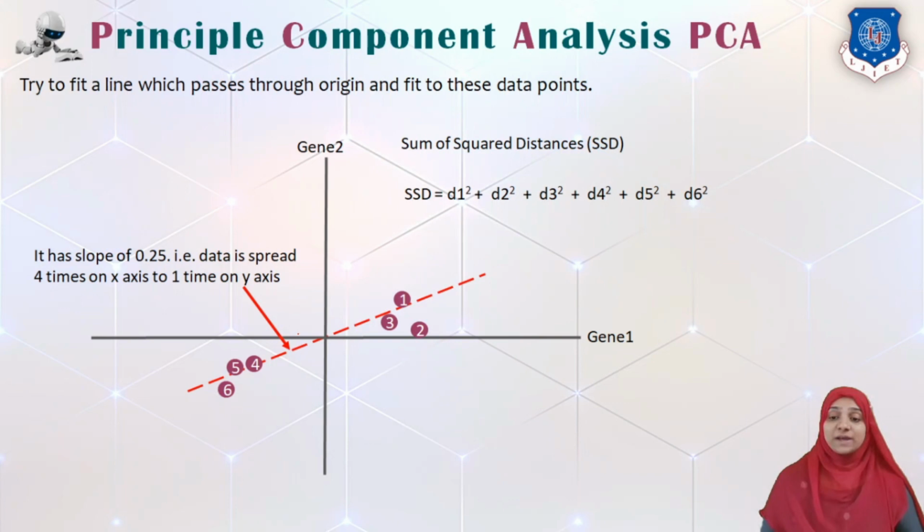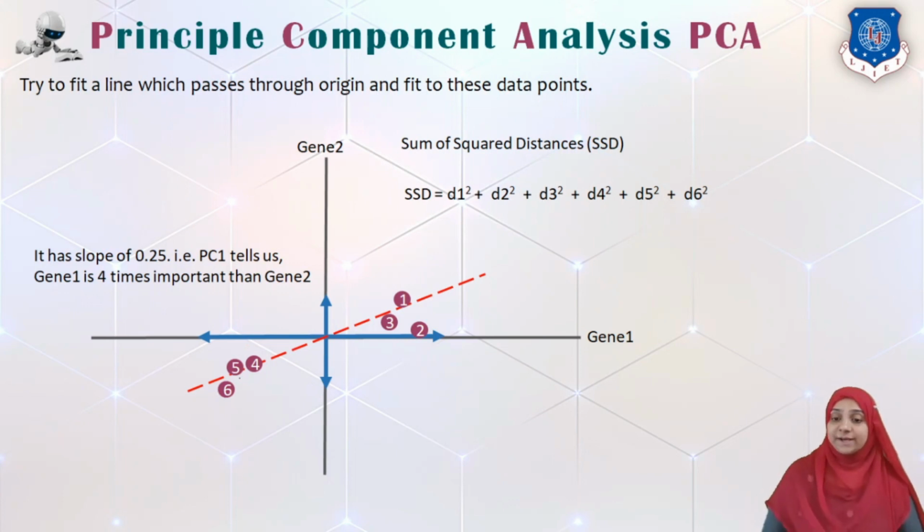And as you can see, this principal axis has a slope of 0.25. That means we say that the data is spread over the x-axis 4 times as compared to the y-axis. So as you can see, the data is spread 4 times across the x-axis as compared to 1 time over the y-axis.